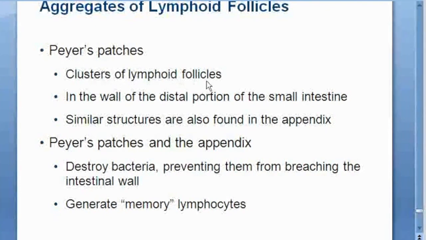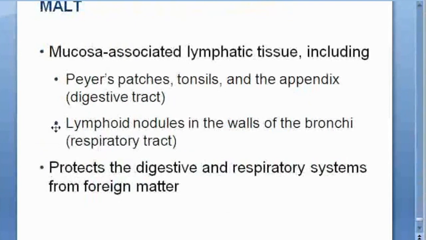They're just little lymphatic follicles or lymphoid follicles that are found within the lining of certain areas, like the digestive tract, like the respiratory tract.